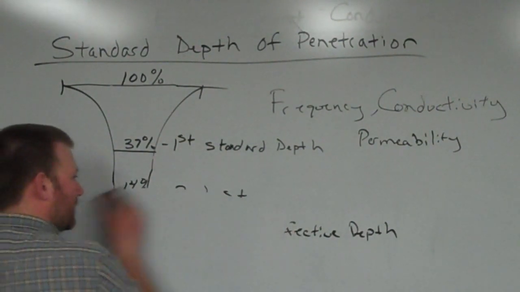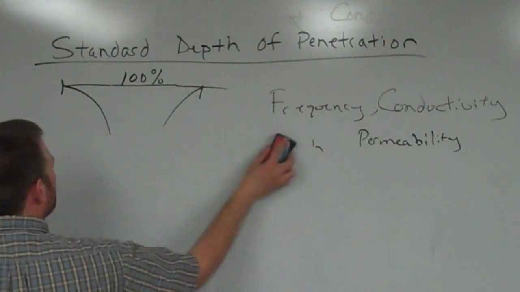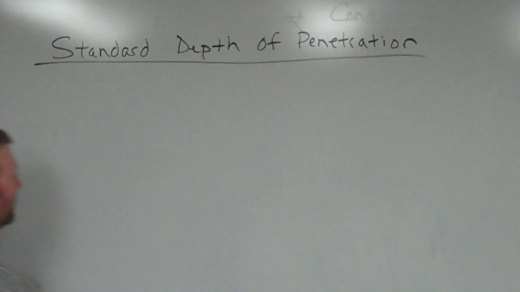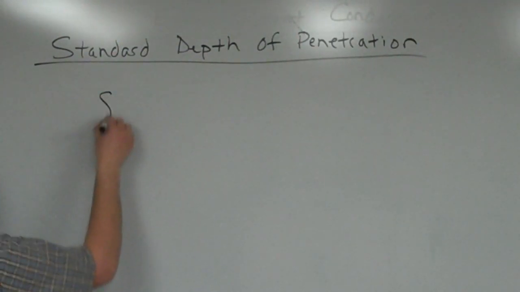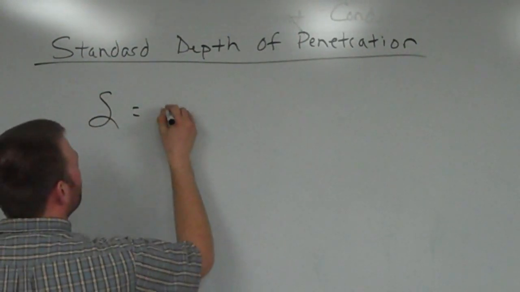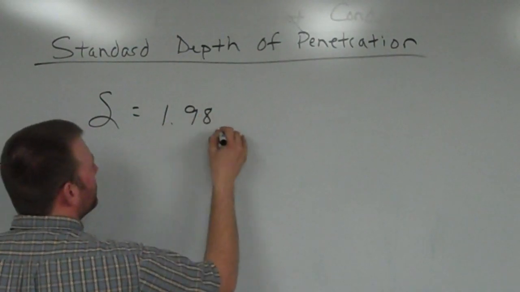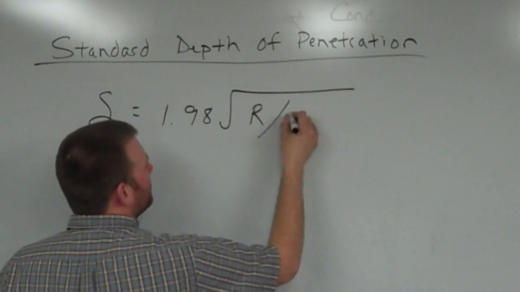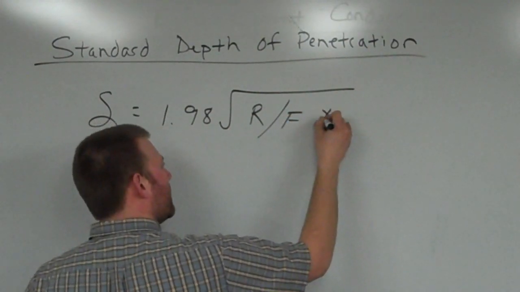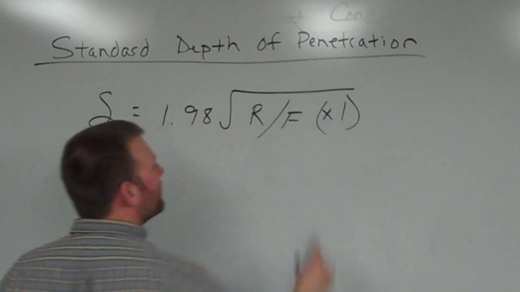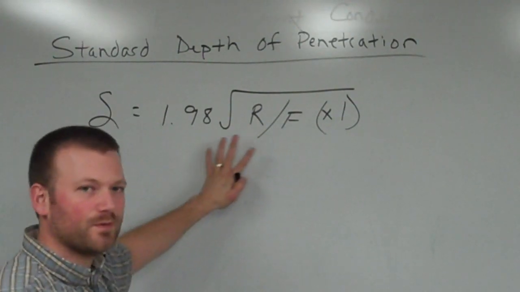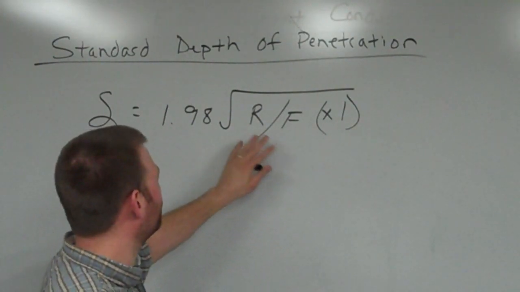Keeping those things in mind, we're going to go to this right here. I know this isn't perfect, but standard depth of penetration equals 1.98, because we're dealing with inches, times the square root of resistivity divided by frequency times relative permeability. There are some constants, but this has been revamped for ease, at least in the classroom.